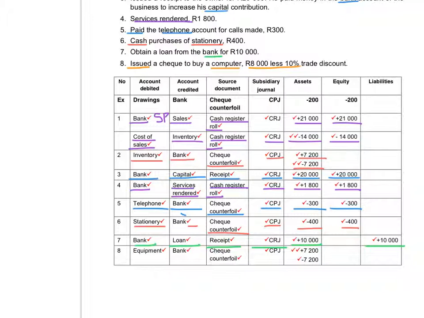So equipment increased assets on the debit side with 7,200. Bank, money was taken out of the bank, so the bank is decreasing assets on the credit side with 7,200. The entry is recorded from the check counterfoil in the cash payments journal.